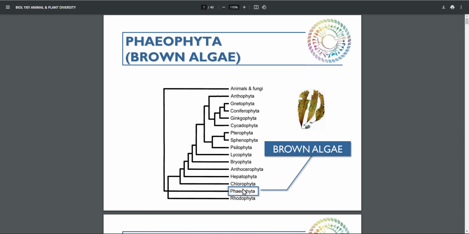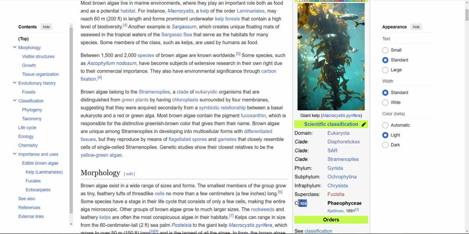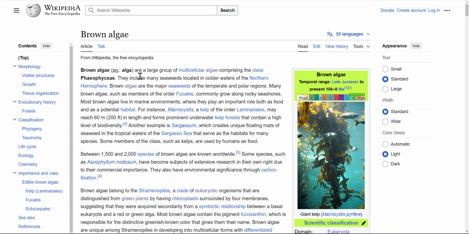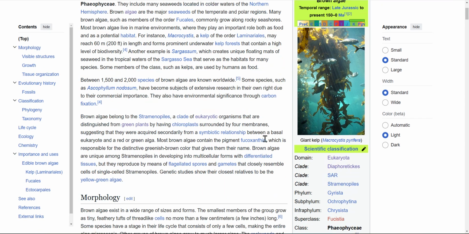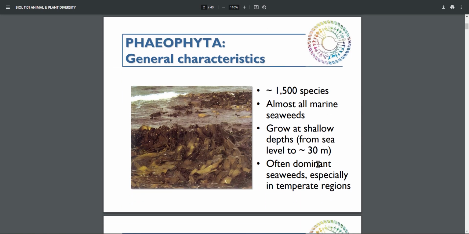Right. So brown algae, Phaeophyta, which is actually a class. It's not a phylum, and this is what I talked about before: a subphylum, infraphylum, superclass, class. Brown algae with only about this many species. It's talked about here actually.